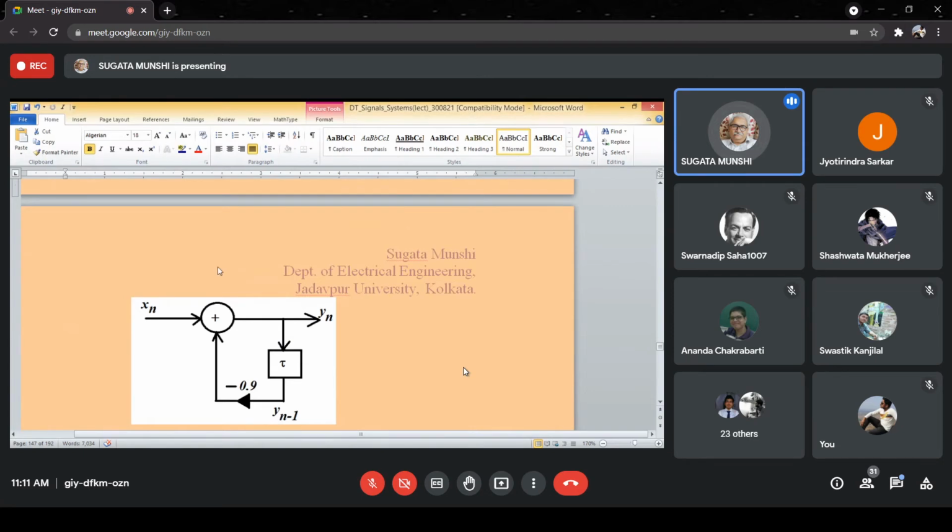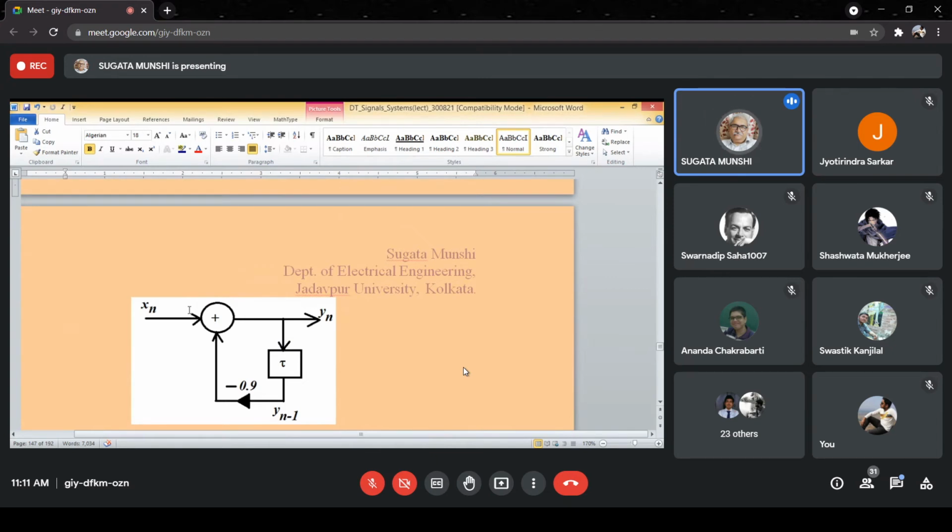So say we have an IIR system or recursive system. At every instant, say if this is the system, xn, suppose the system is implemented using b plus 1 bits.